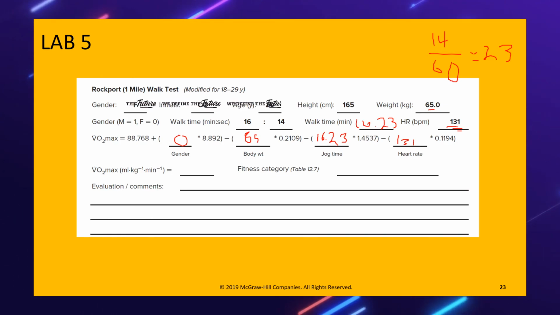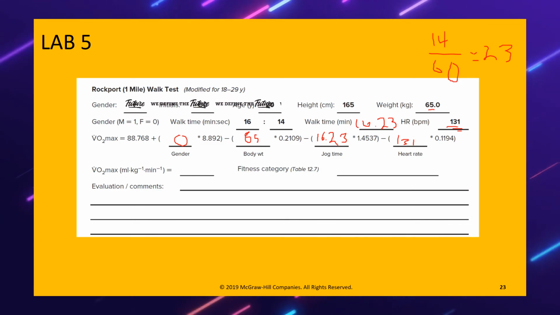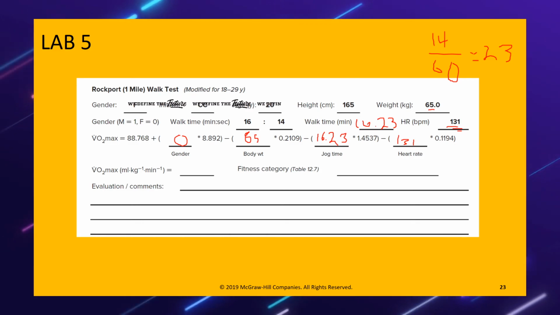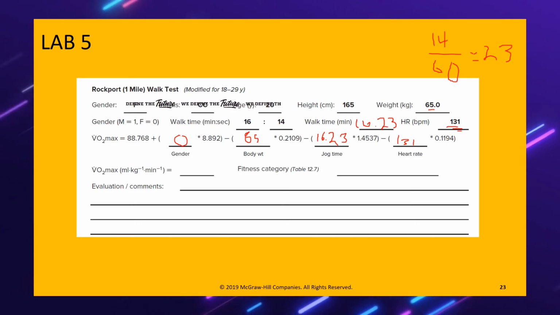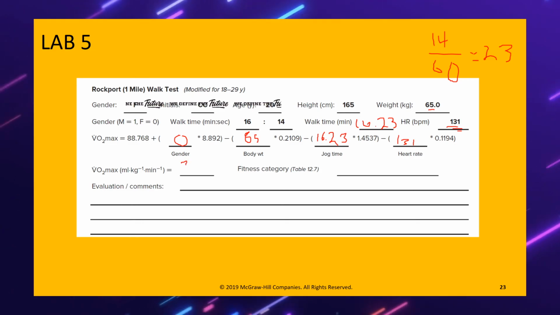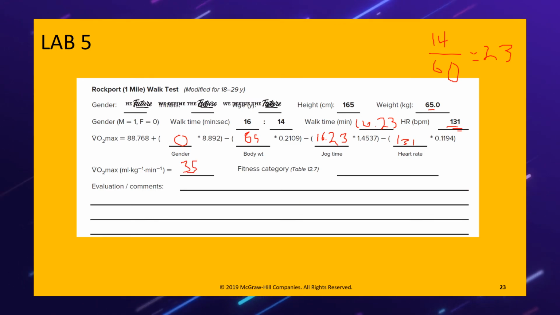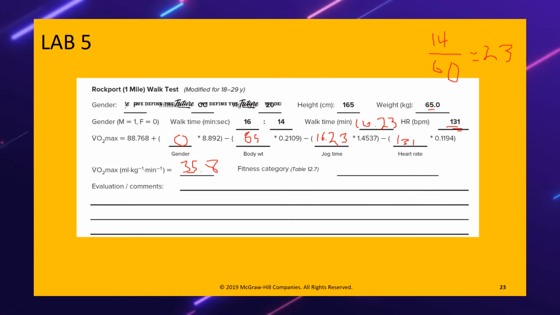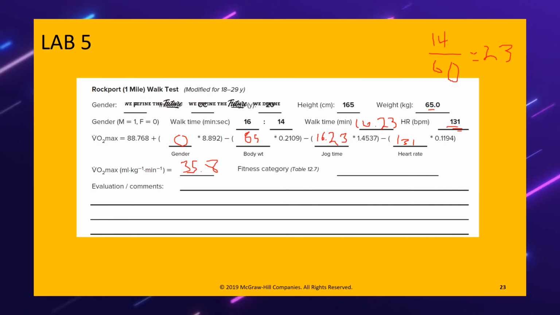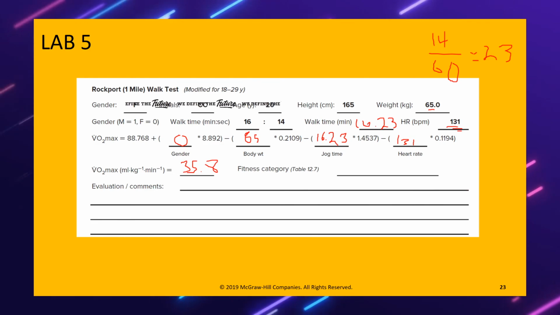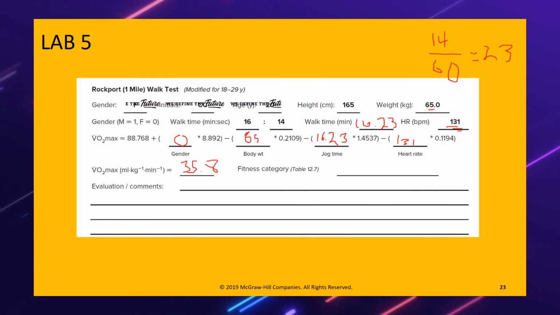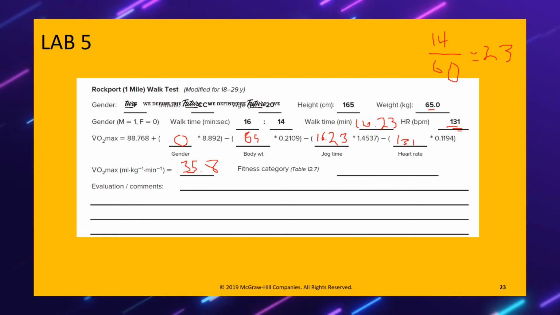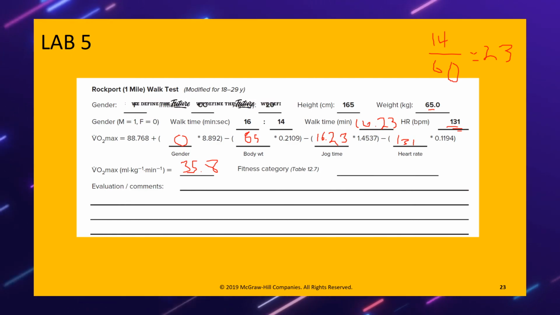And lo and behold, what do we get? Roughly, it is around 35.8. And then from there, we have our number we can compare it to on the table, 12.7. That was a tongue twister. And we can report that information there, average, above average, etc., etc.